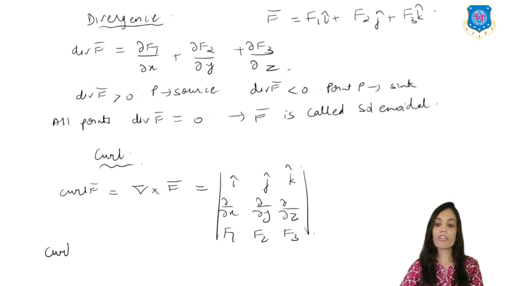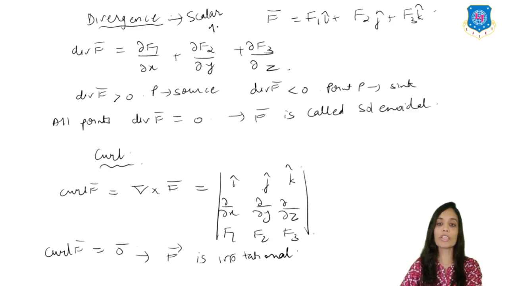Now if curl of f bar is equal to 0 bar, then f bar is an irrotational vector field; otherwise we call it a rotational vector field if the curl is not equal to 0. This divergence is a scalar quantity, and this curl is a vector quantity.